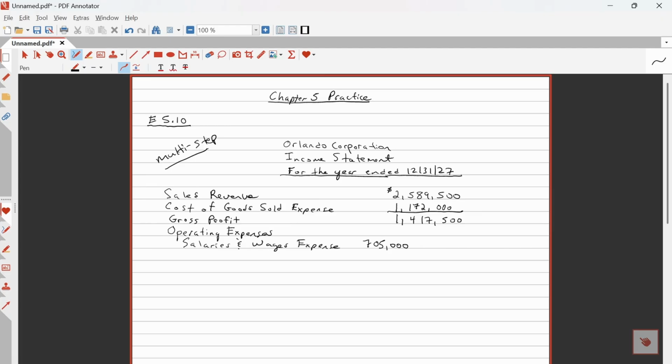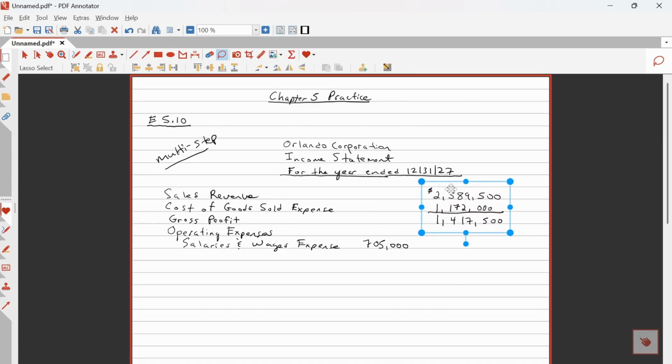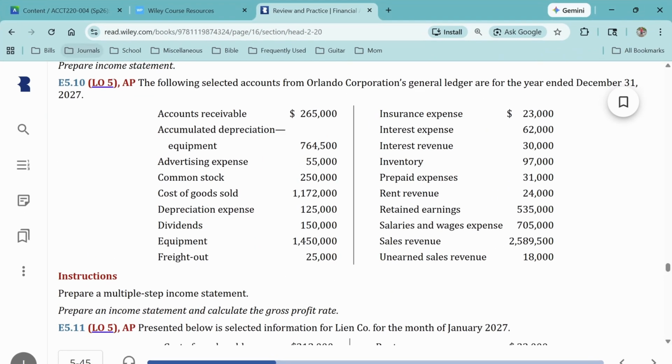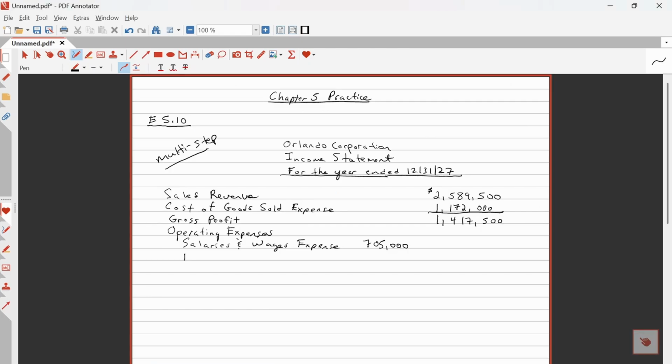Usually we try to keep this there. What's another operating expense? The next biggest one would be the depreciation. That's the next biggest one in terms of dollar amount.